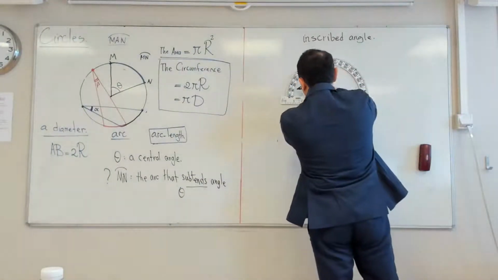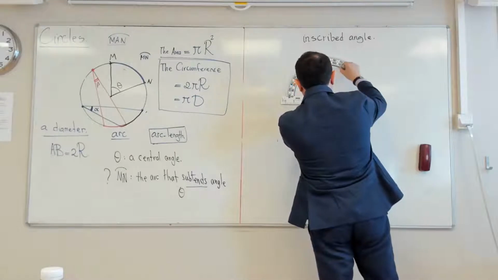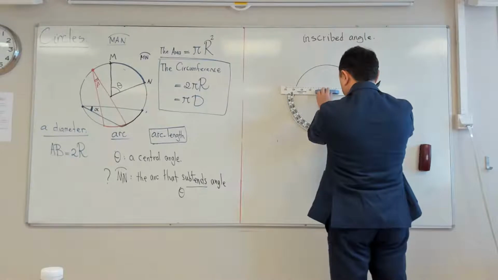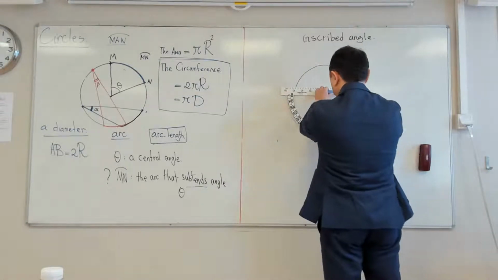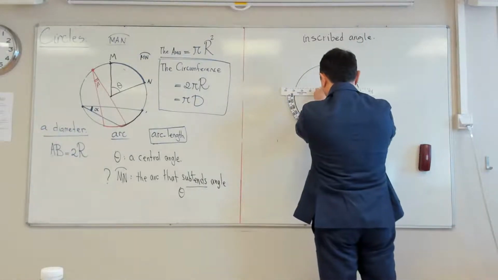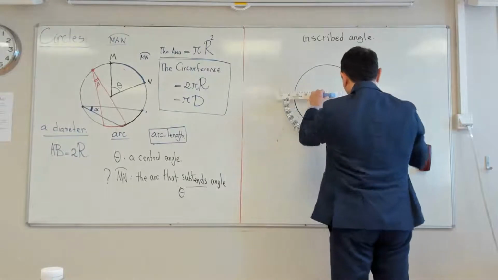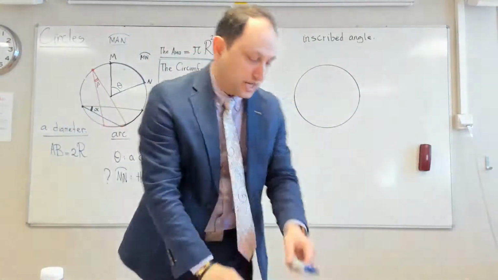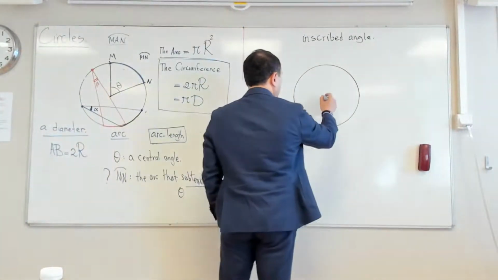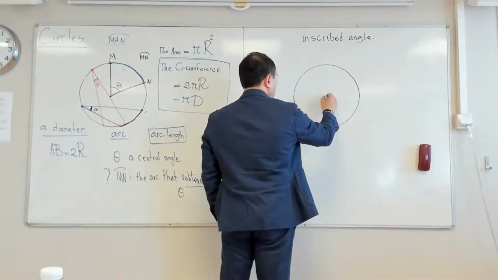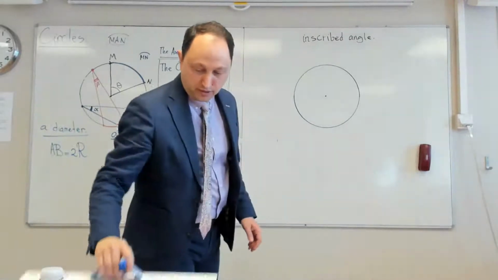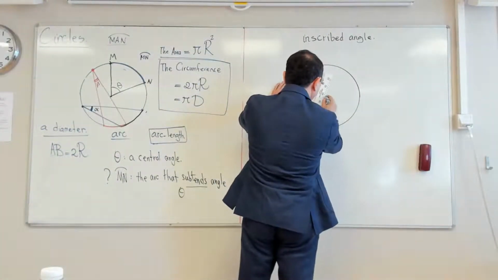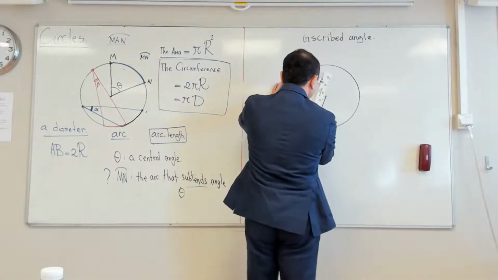Assume that I have a circle, and now I have a central angle. So let us consider this central angle.